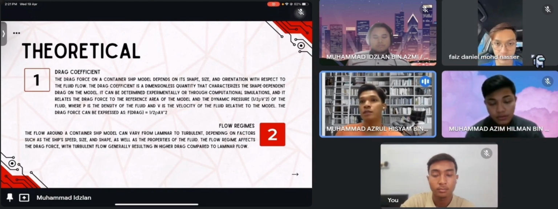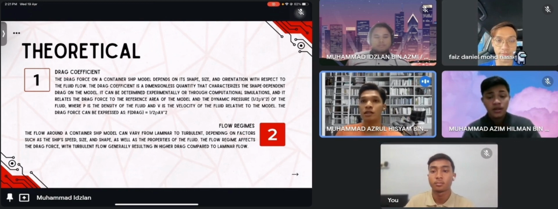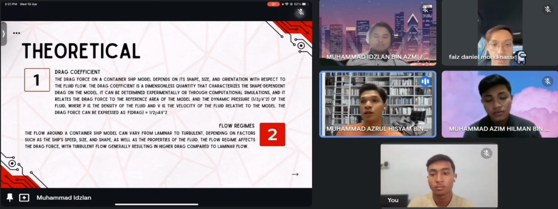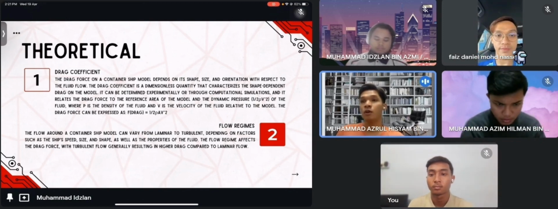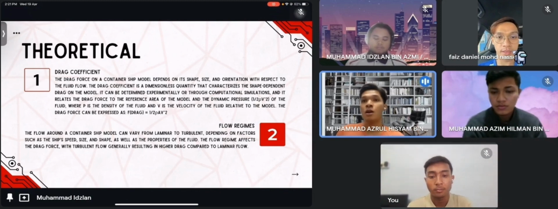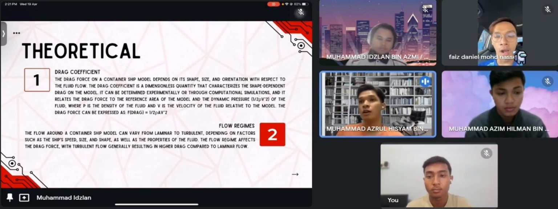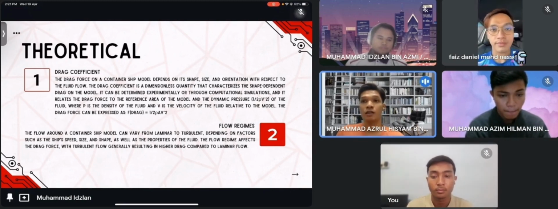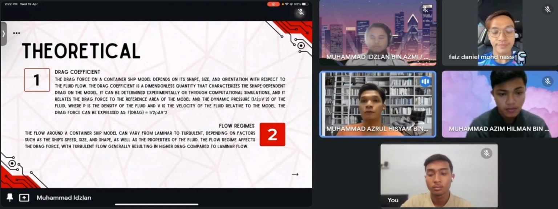It can be determined experimentally or through computational simulation, and it relates the drag force to the reference area of the model and the dynamic pressure, which is 1/2 rho v squared of the fluid, where rho is the density of the fluid and v is the velocity of the fluid relative to the model. The drag force can be expressed as F_drag equals 1/2 rho A v squared. The second one is the flow regimes.